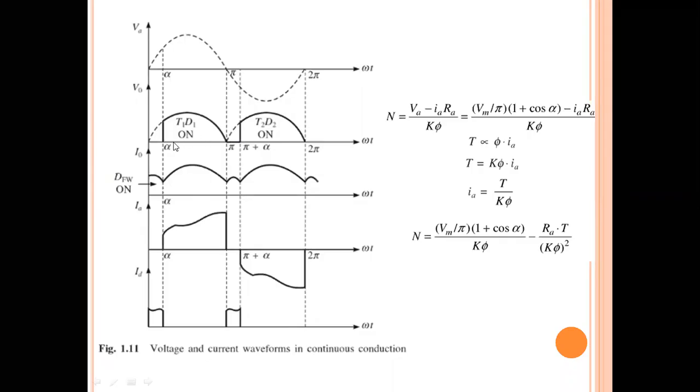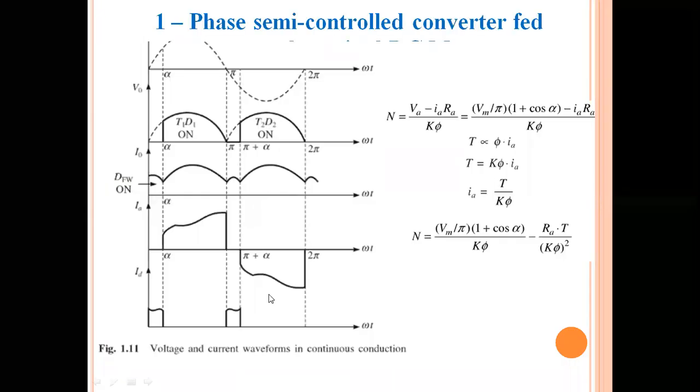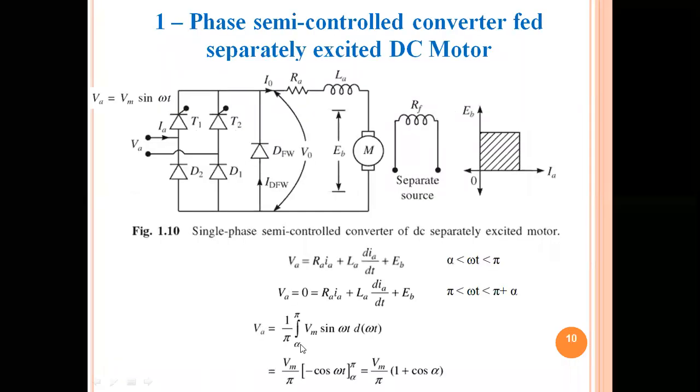Okay, so in order to derive the average output voltage, the equation can be derived with the formula. We know the average formula, that any function f average can be written as f average equals 1 by time period integral 0 to time period f(t) dt.